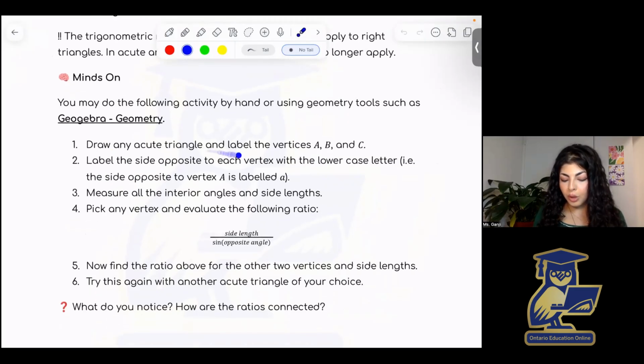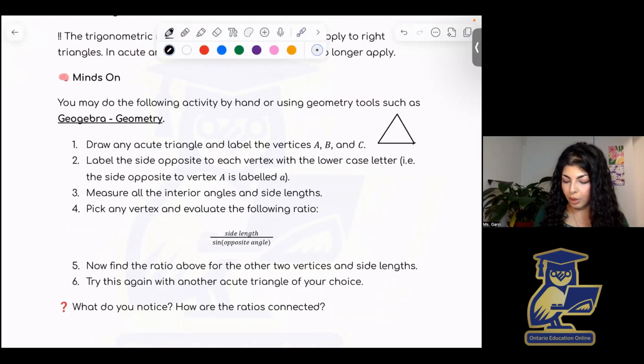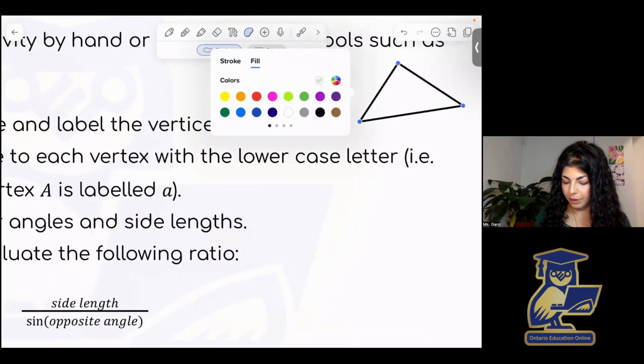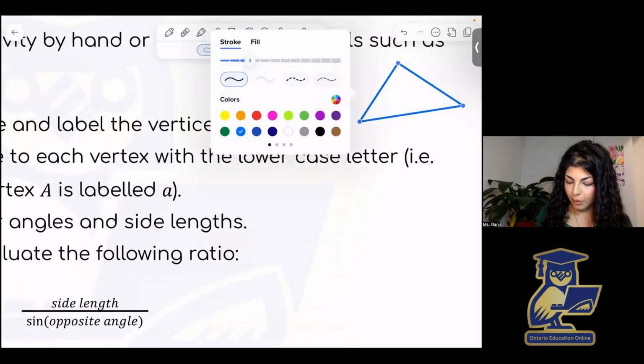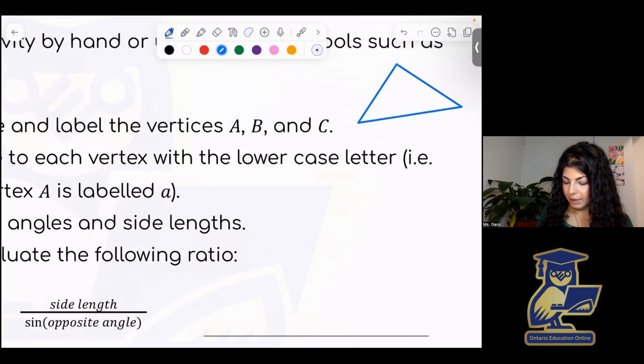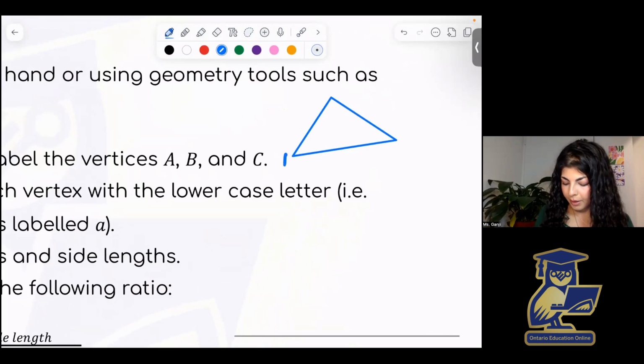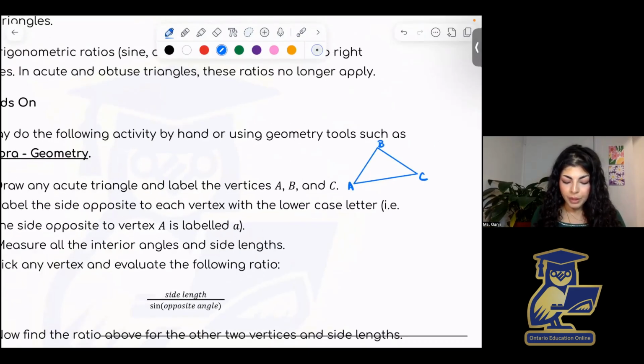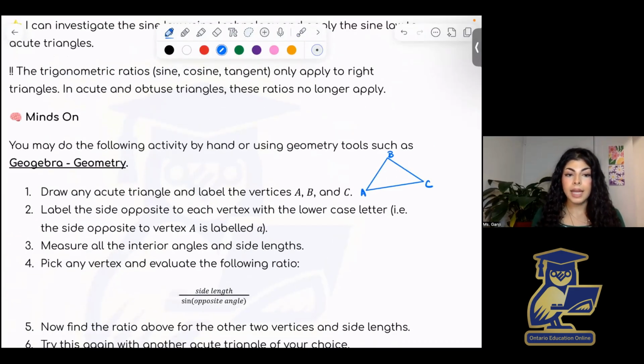So to start, draw any acute triangle and label the vertices A, B, C. So you would draw any triangle here. Maybe let me do this. I'm also going to use a different color. So let's say this is A, B, and C. And now label each of the sides opposite to the vertex with the lowercase letter.